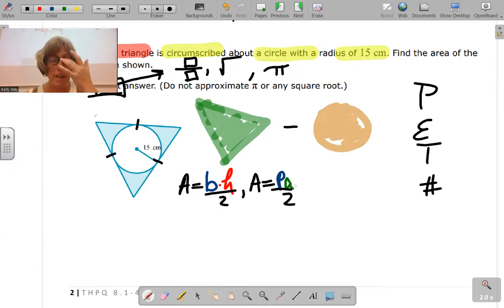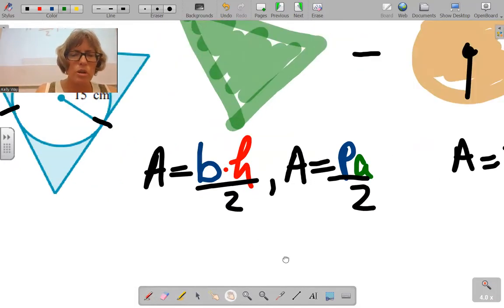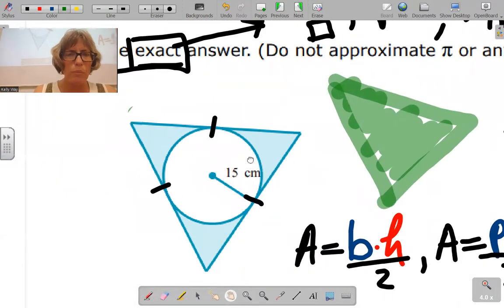We'll find out in a minute, actually more like 30 seconds, which one's most useful. Circle, of course, is simply always area equals pi r squared. No choices there. Let's come to the triangle and figure out what would be the most useful.